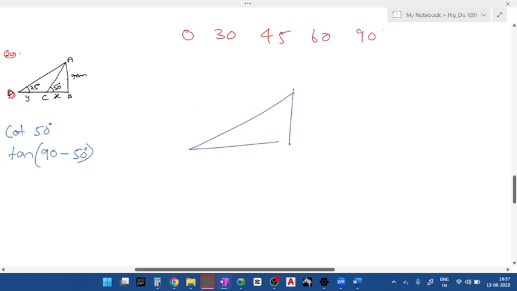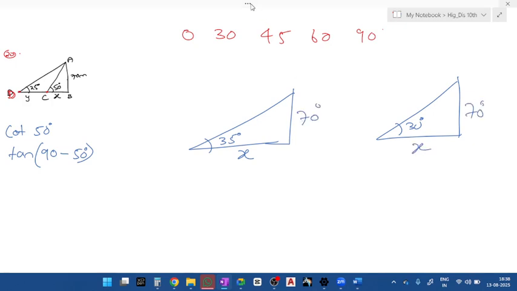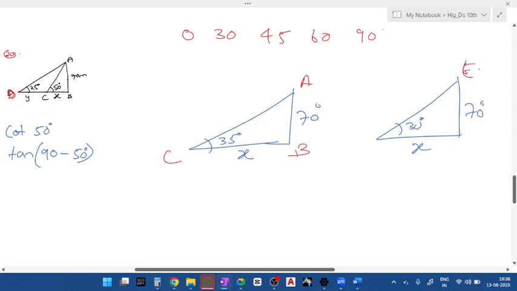Look at this. Next. If theta 35 degrees is given and theta 30 degrees is given, base x we need to find, 70 is given. Base x and 70. In both the triangles ABC, you'll have to answer this.